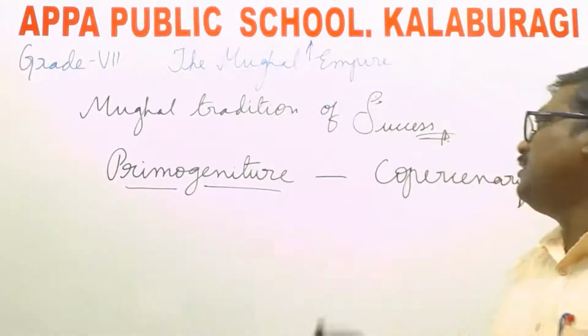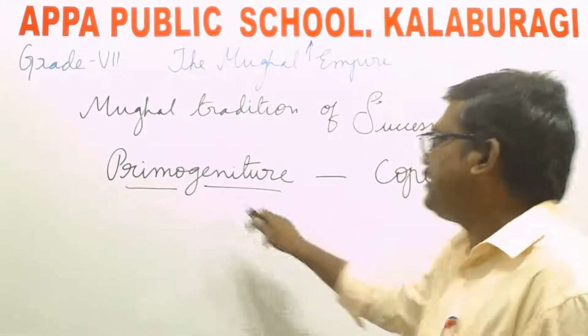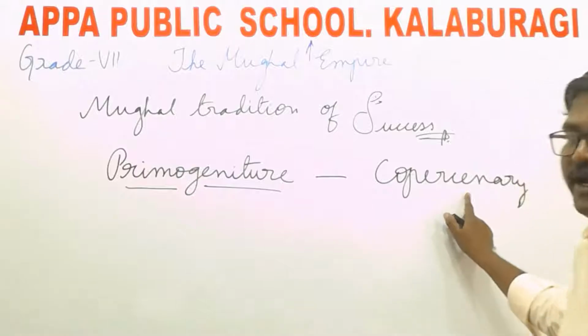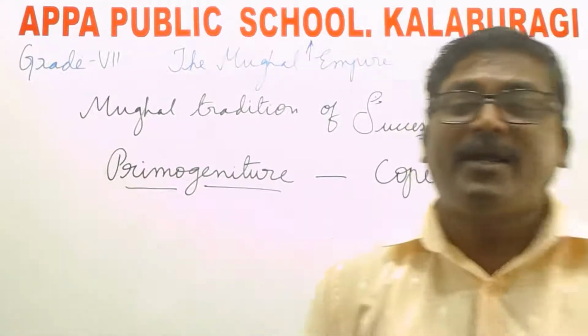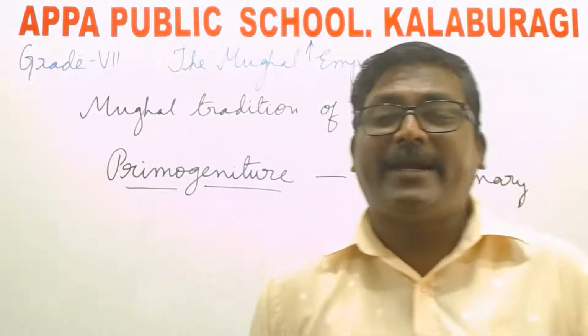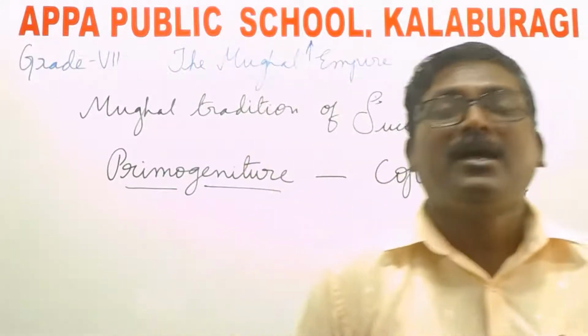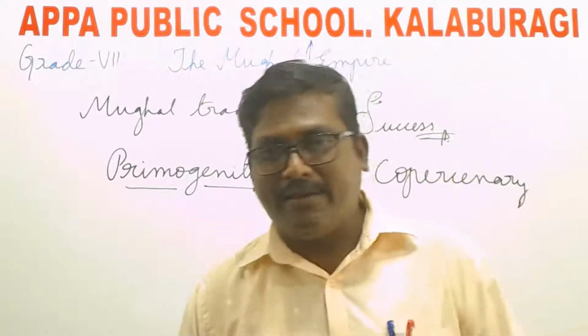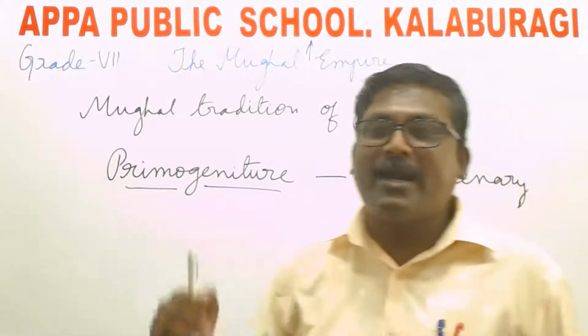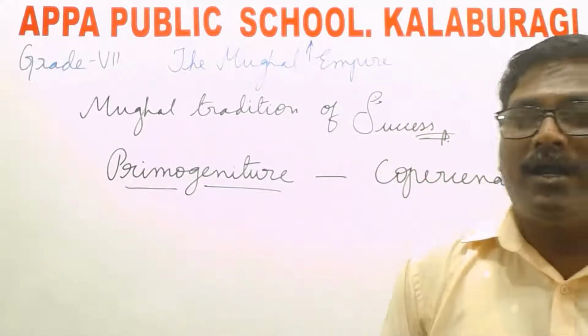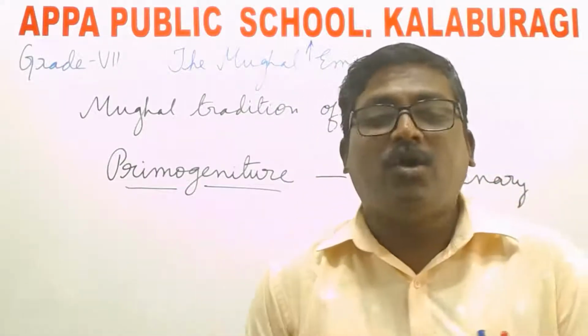So now the Mughals did not believe in primogeniture. Instead, they wanted the principle of coparcenary. Coparcenary inheritance meant division of inheritance among all the sons, and the eldest son will be the leading one. Under him, all his sons will jointly own the property.